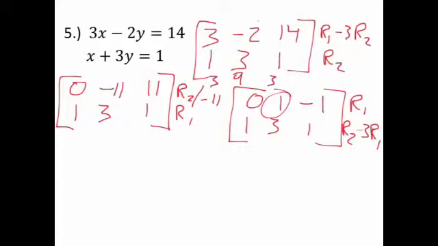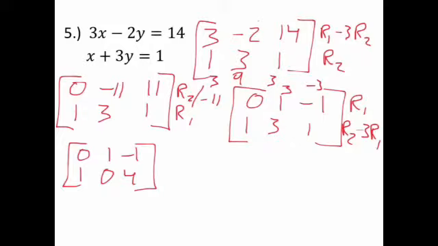Because if I do 3 times that, that'll give me 3 and negative 3. If I subtract that from these ones, this will be a 0, which is one of the goals. That's going to give me 0, 1, negative 1, that's a 1. Then 1, 3 minus 3 is 0, and then 1 minus negative 3 is 4.